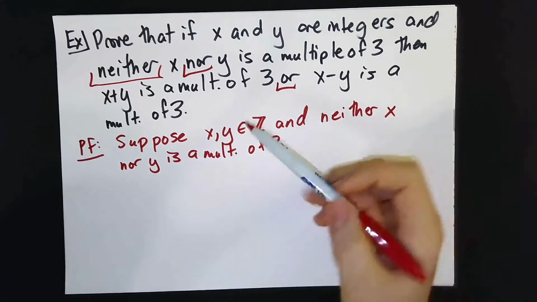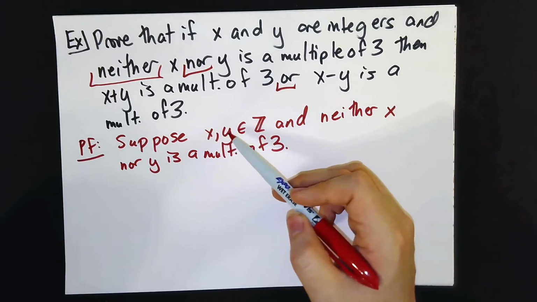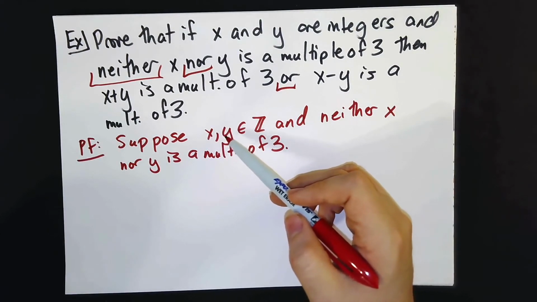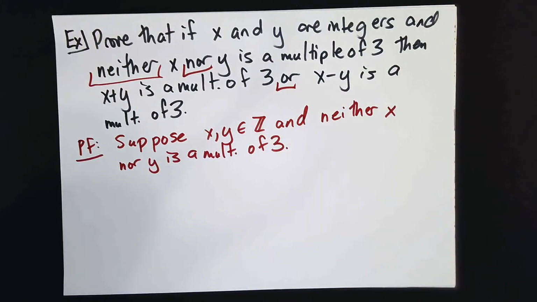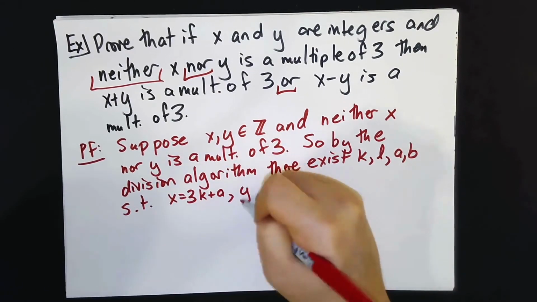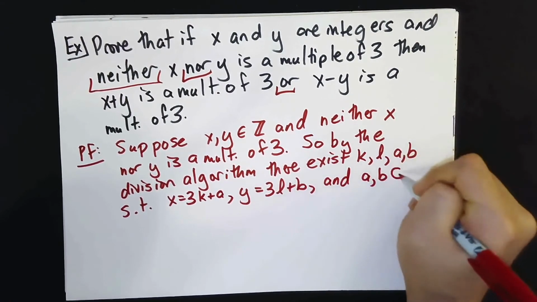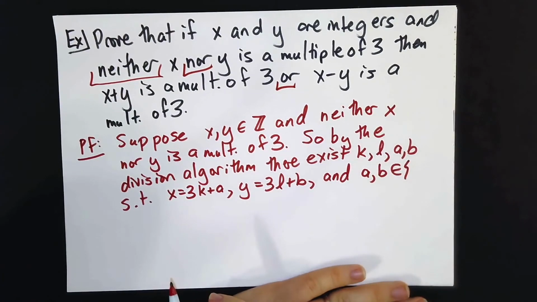So what we're really here saying is that x and y are both in the 3k plus 1 or 3k plus 2 buckets. So by the division algorithm, we can go ahead and write x is 3k plus a, y is 3l plus b, where these a and b are the remainders, where remember they're supposed to be between 0 and 3. But because x and y aren't multiples of 3, they're not 0.